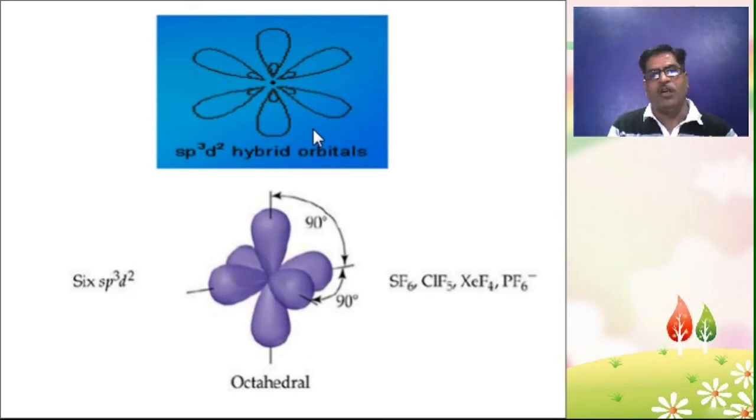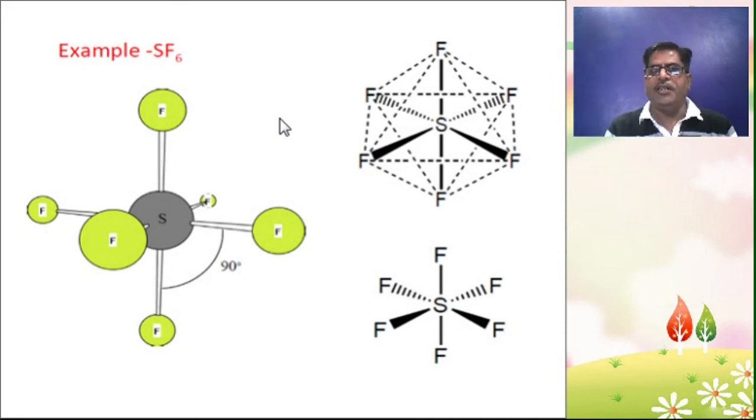Thus the geometry of the sulfur hexafluoride SF6 molecule is octahedral, due to 6 bond pairs of electrons, and the bond angle between each pair is 90 degrees. So the shape here is octahedral and the bond angle between two pairs is 90 degrees. In the SF6 molecule there are 6 bond pairs of electrons, all bond pairs, so octahedral is the geometry of SF6 and the bond angle is 90 degrees.